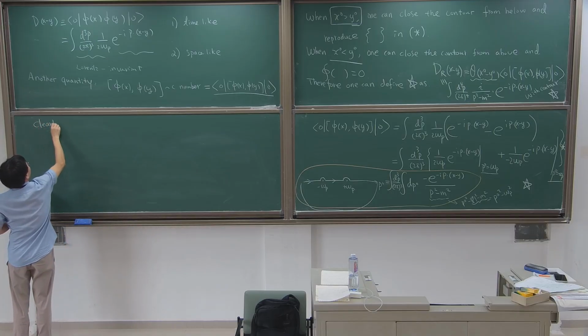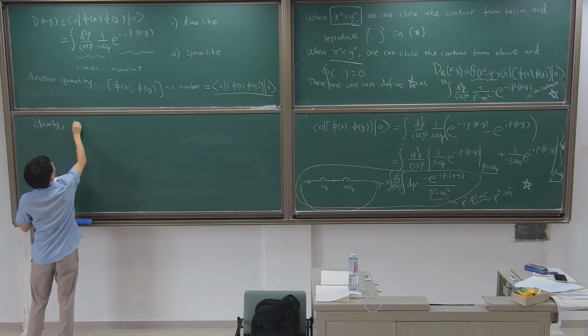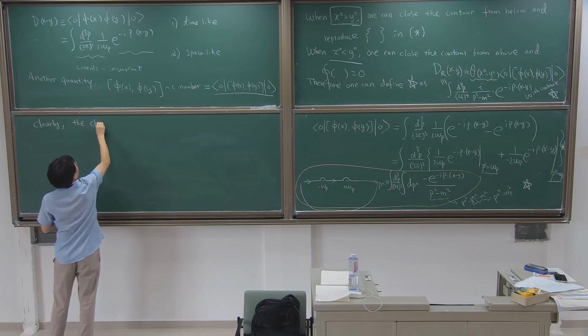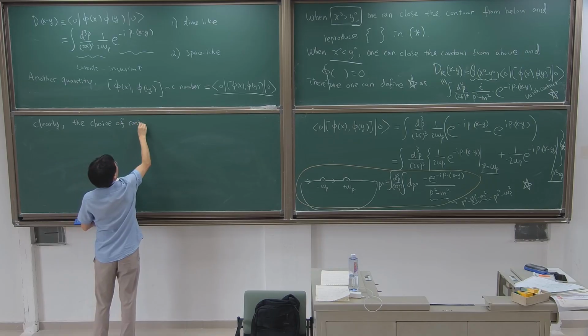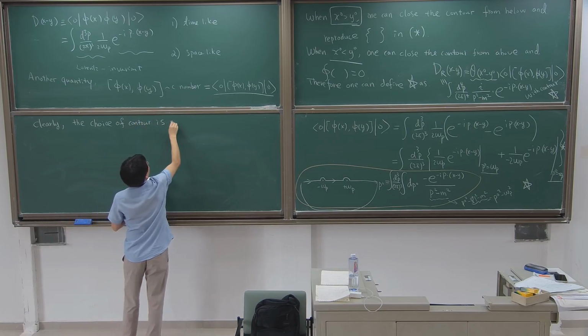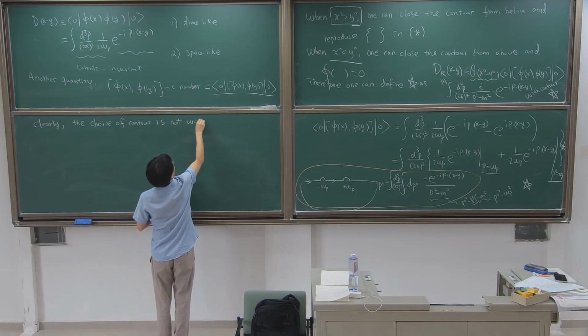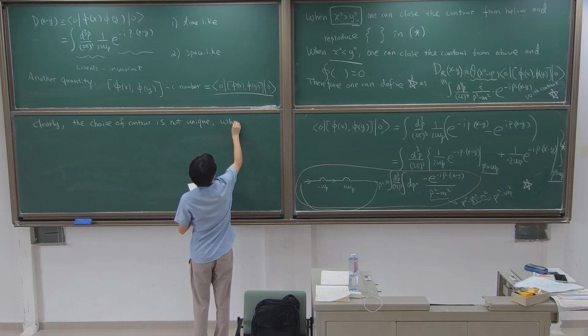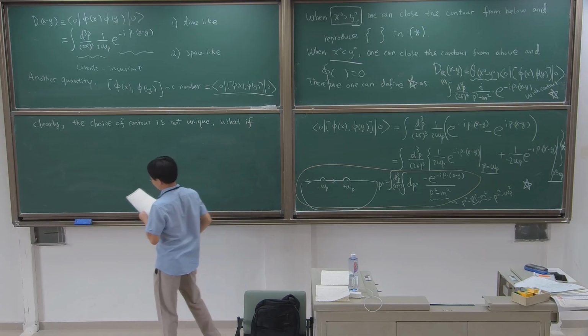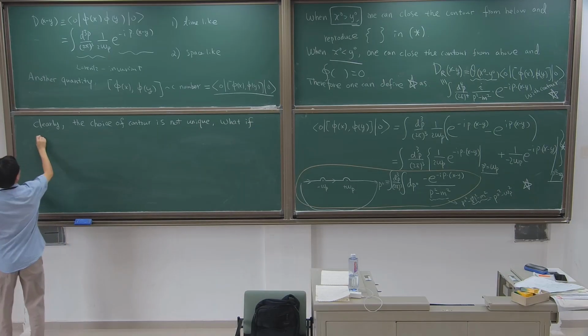So clearly, the choice of contour I made there is not unique. Then, what about another contour?